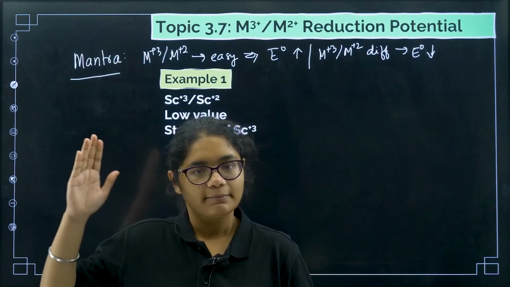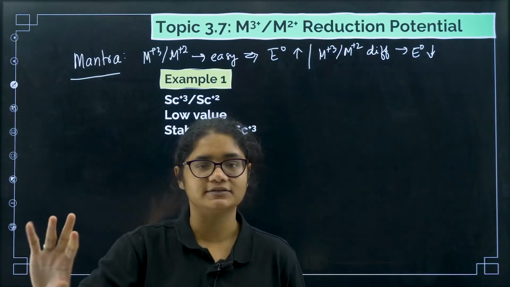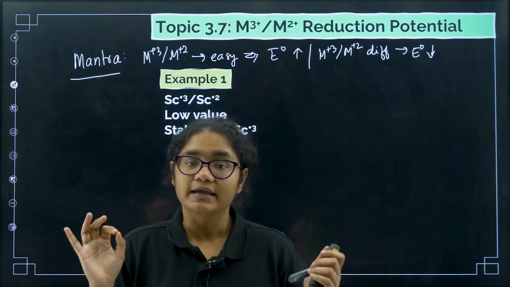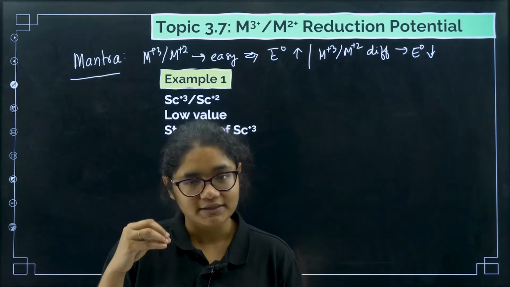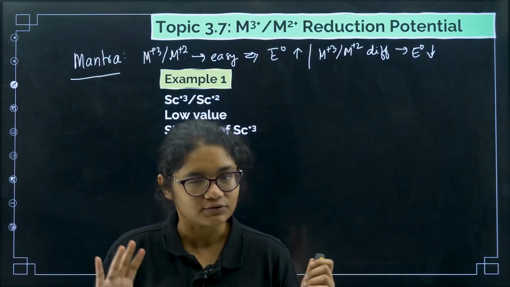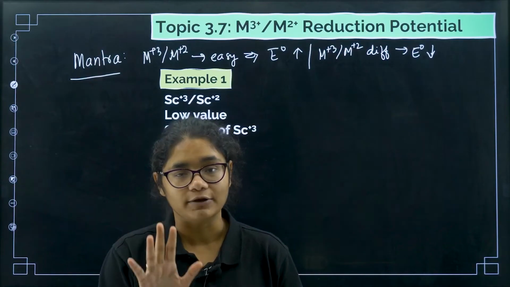What I am saying: if plus 3 to plus 2 conversion is easy, the metal gets converted, and the E naught value will be very high. If plus 3 to plus 2 conversion is very slow, the metal does not want to get converted to plus 2, then the E naught value will be low.